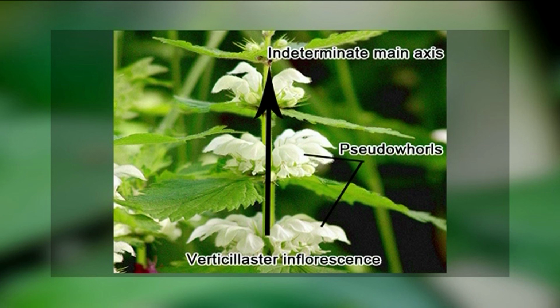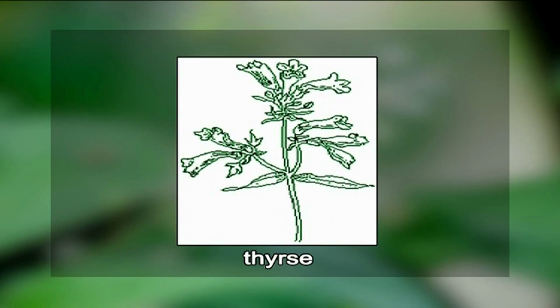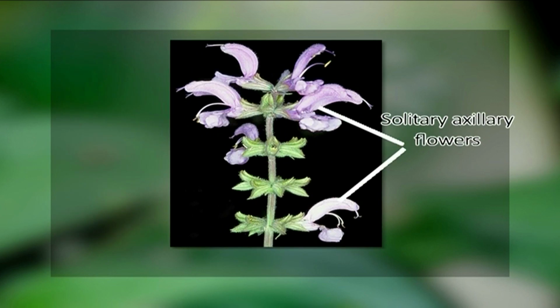And these lateral axes are congested and form a pseudo whorl. Occasionally in some taxa of Lamiaceae, we have thyrses also as inflorescence, or a very rare occurrence is solitary axillary flowers.